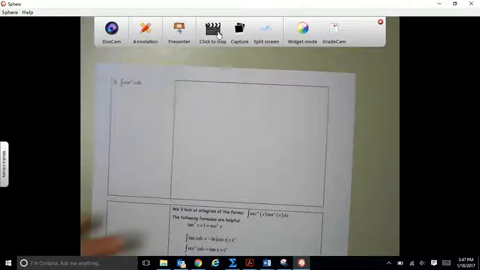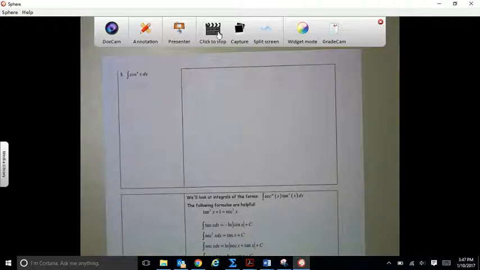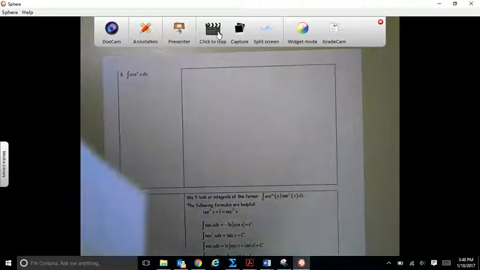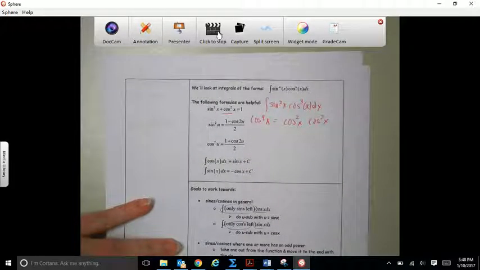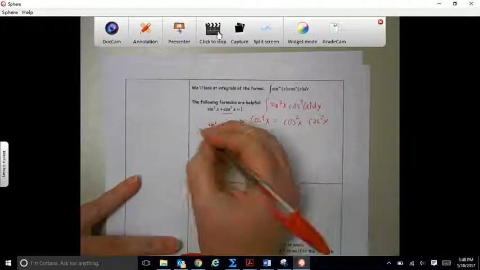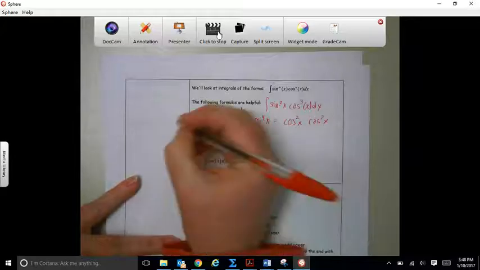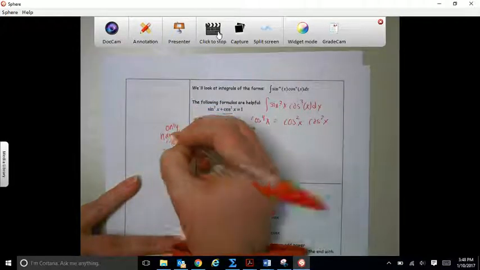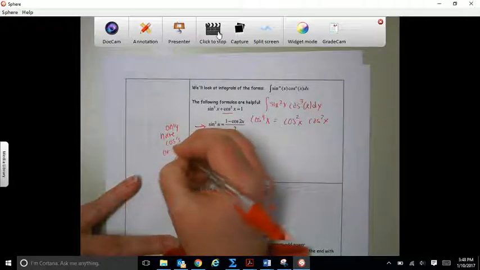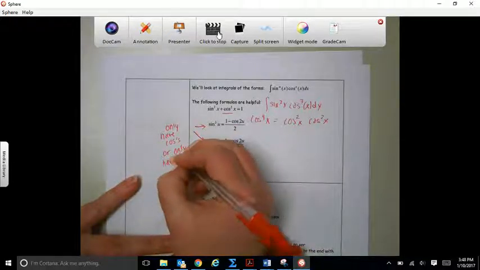Okay, so now what happens if I only have cosines or I only have sines is I am going to have to go back again to these formulas, and I'm going to have to use these. So this is when I only have cosines or only have sines.